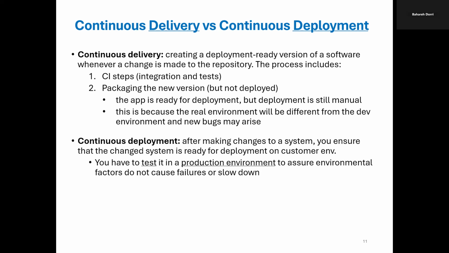There is no human gatekeeper. But to safely do that, we have to make sure we have tested it in a real or production-like environment. So that things like hardware, network differences, or external APIs don't break the deployment.